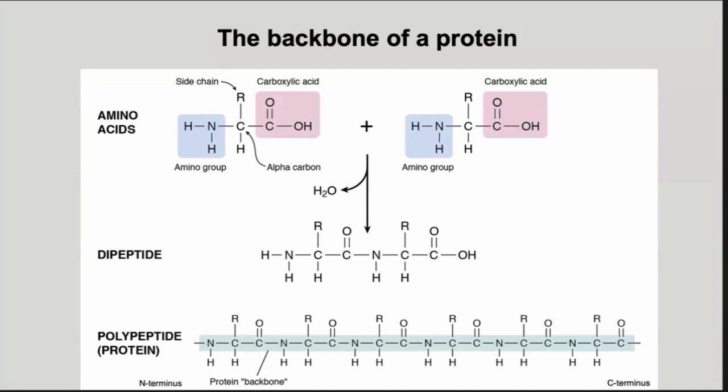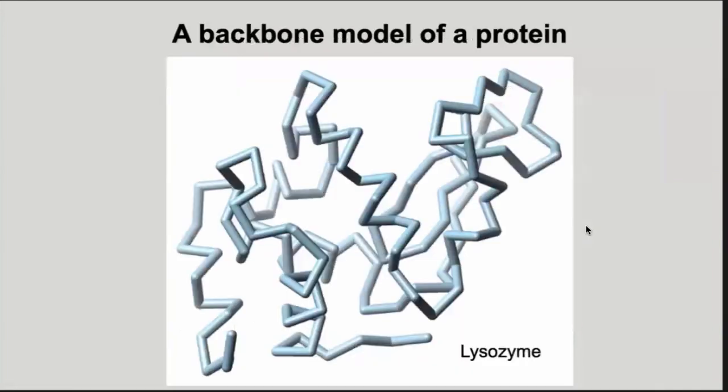All right, so here is a picture of that exact same enzyme, lysozyme, but viewing it only as a backbone, where we're looking only at nitrogen, carbon, carbon, nitrogen, carbon, carbon, nitrogen, carbon, carbon, nitrogen, carbon, carbon. Every one of these little short straight segments represents the nitrogen, carbon, carbon of an amino acid.